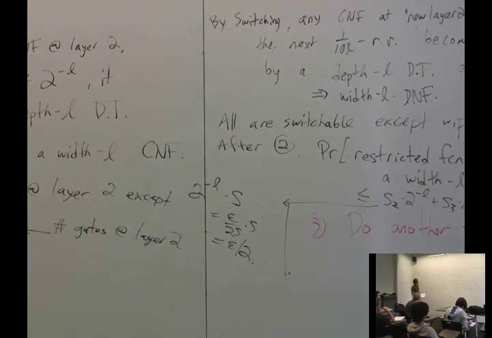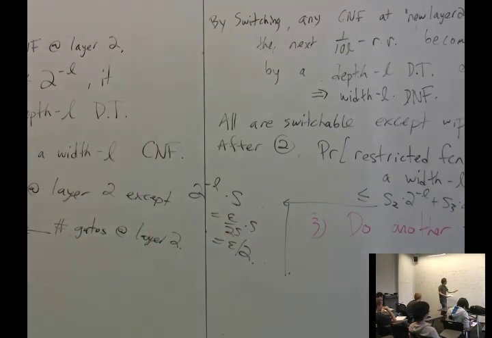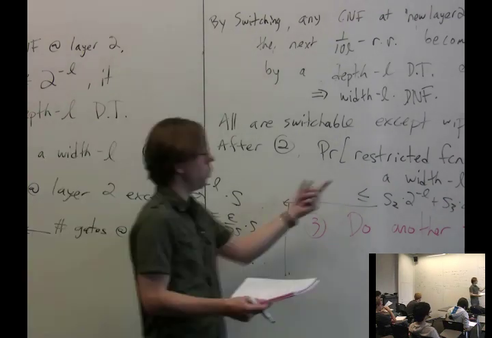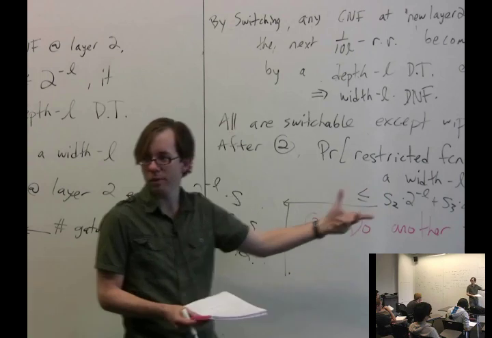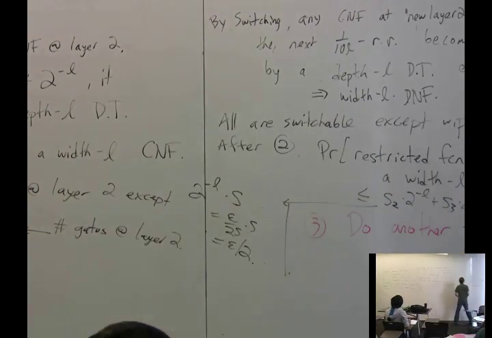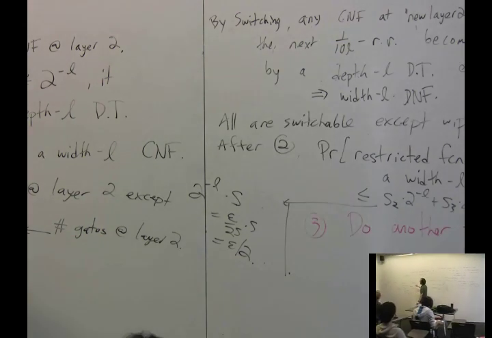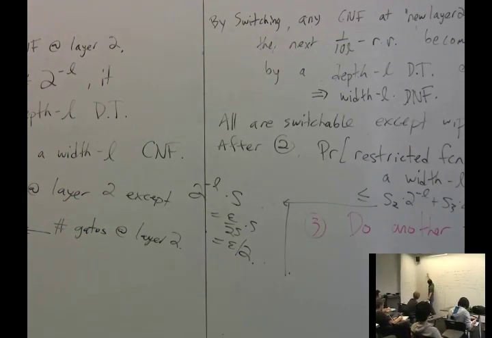Okay, so almost done. We've done almost all of our random restrictions, and except with probability epsilon over 2, the final thing is a width L depth 2 circuit. And now we're doing one more random restriction with parameter 1 over 10L, cooked up again so that that's a half. It's just that the last step will choose K to be log 2 over epsilon.